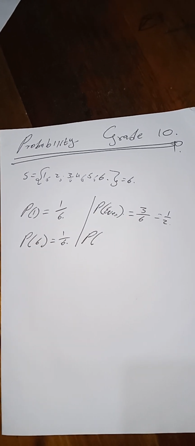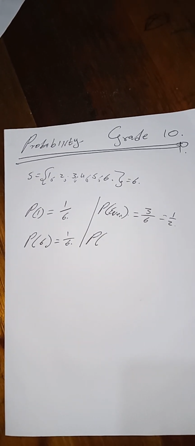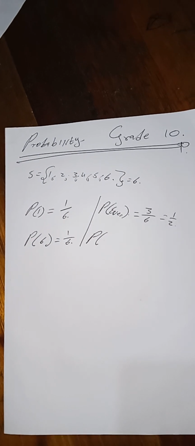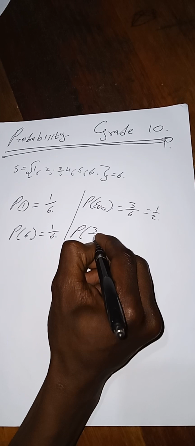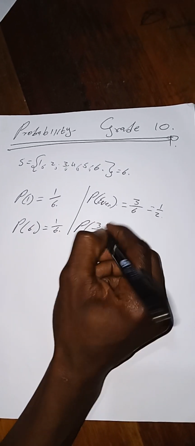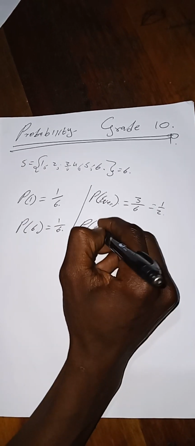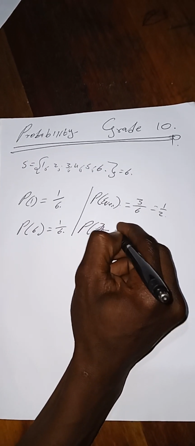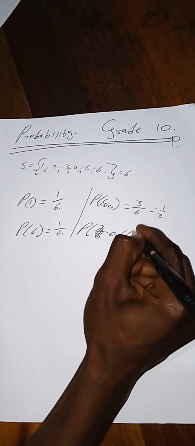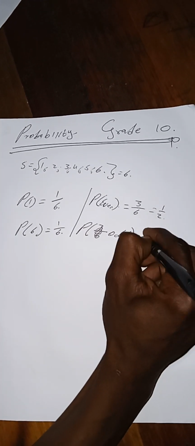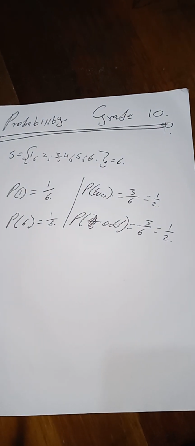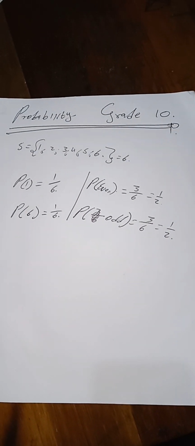So we have only 3 odd numbers on our fair dice, which means 3 possible outcomes out of 6 possible chances. The probability of an odd number is equal to 3 out of 6, which is 1 over 2, meaning we have 50% possible chances.